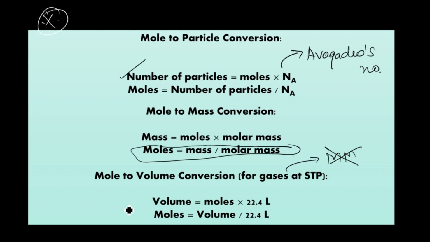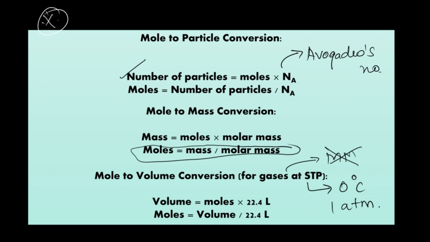STP, that is standard temperature and pressure, is 0 degrees Celsius and 1 atm pressure. In that condition, you can easily find out volume by multiplying moles into 22.4. For the given mole, just multiply into 22.4, you will get the volume.